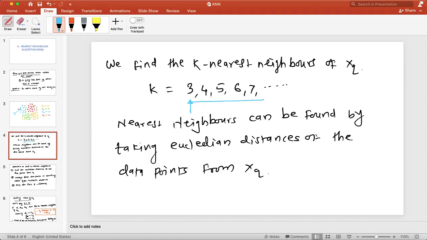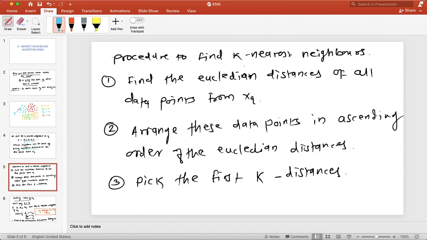And how do we find the nearest neighbors? One measure used to find the neighbors of the data point XQ is Euclidean distance. We find the data points with the least Euclidean distance. So this is the procedure to find the k nearest neighbors. Find the Euclidean distance of all the data points from XQ. Let us say there are D1, D2 up to Dn data points.